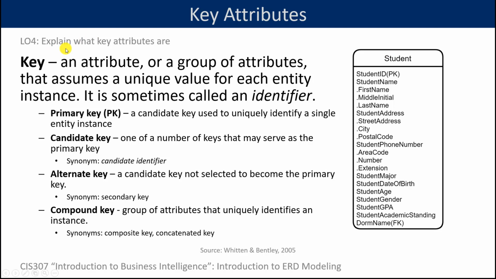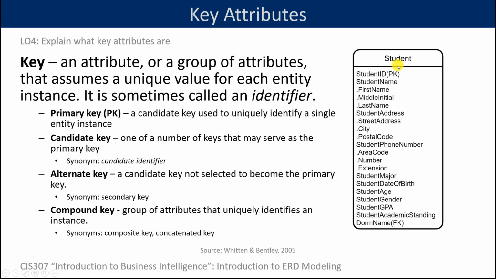Okay, another important attribute in every entity is the so-called key attribute. A key attribute is an attribute or a group of attributes that assumes a unique value for each entity instance. Because a key attribute will assume a unique value for each entity instance, it's used for identification purposes.